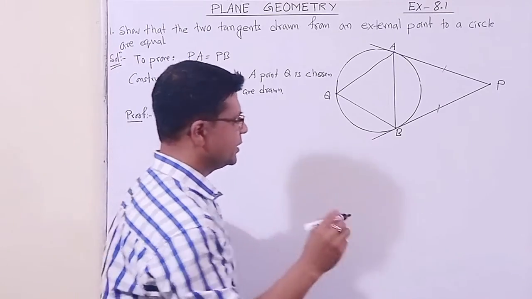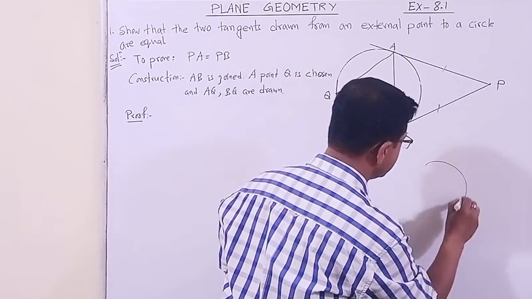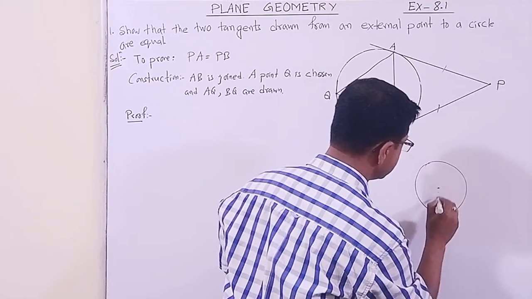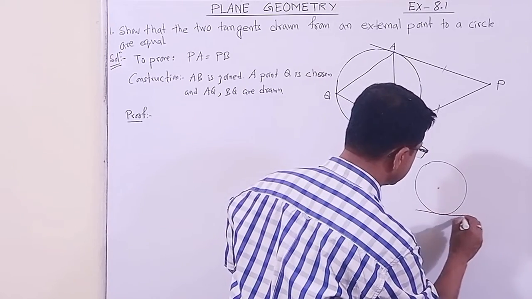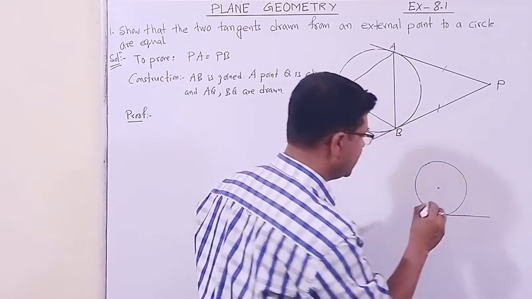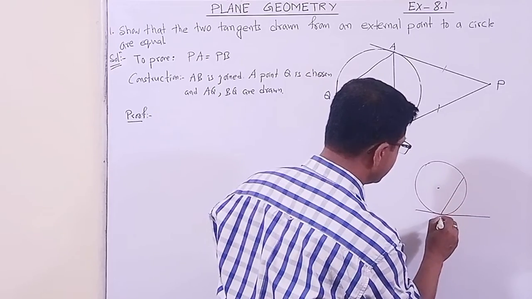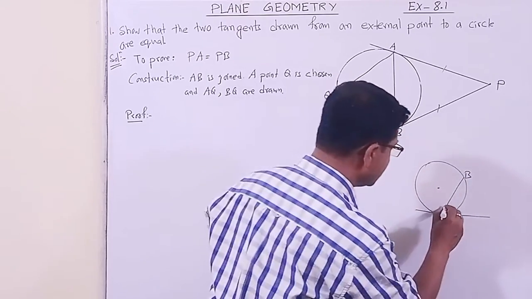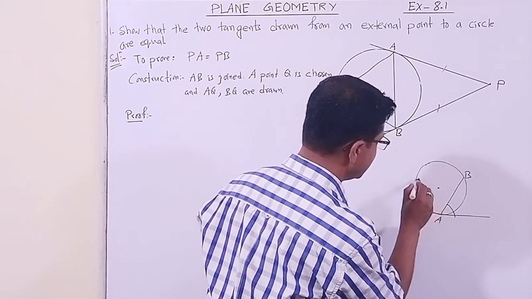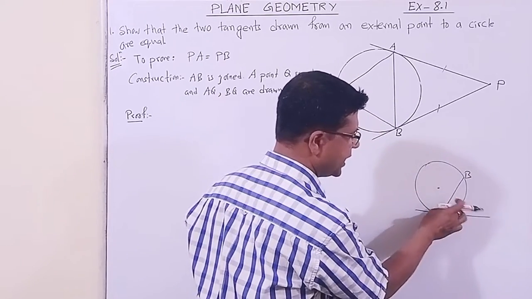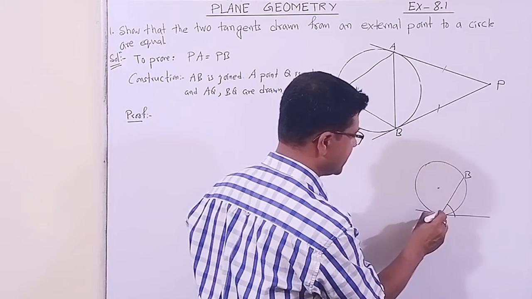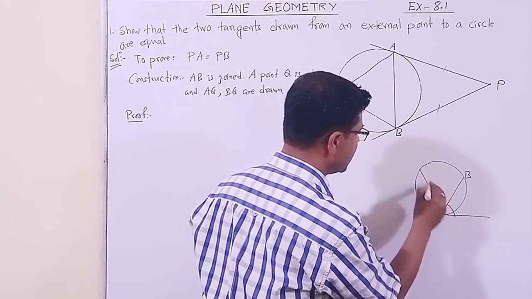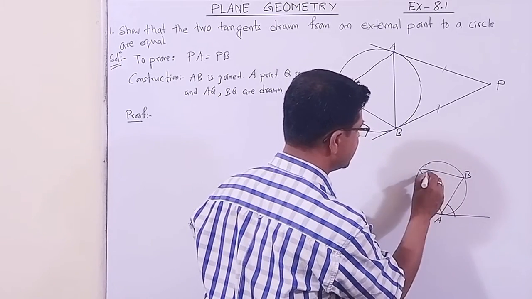Okay. Dear student, what was the theorem we have done just now? A tangent is there, alright. We take a chord AB. This angle is equal to which angle? It's the alternate segment. This is the adjacent segment, this is the alternate segment. Here we take any point, this angle is equal to this angle.